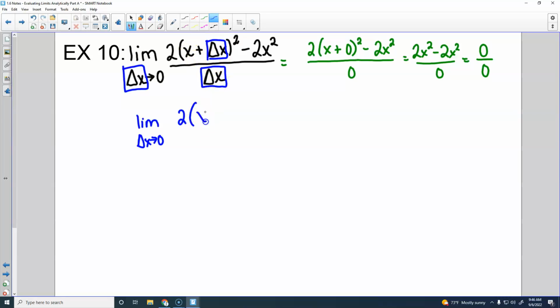So x, we're going to square it. We're going to multiply x times delta x together, which is just x delta x, and double it. So we'll have a 2x delta x. And then we square the last, so we'll get delta x squared. And don't forget that minus 2x squared there.